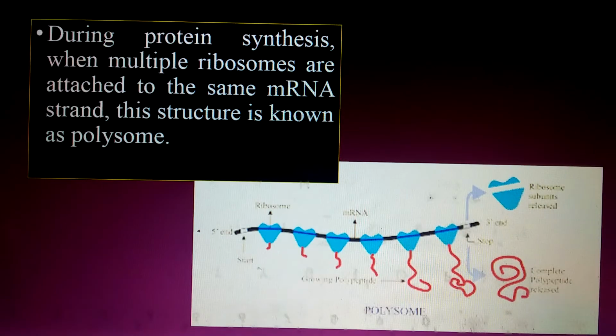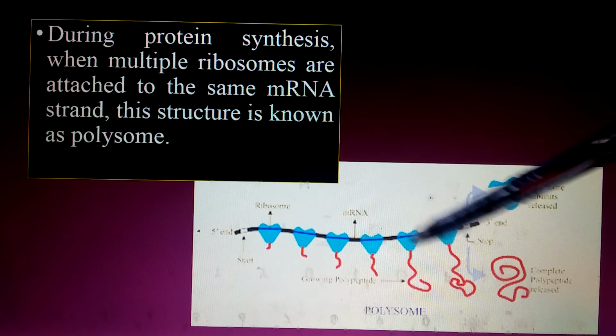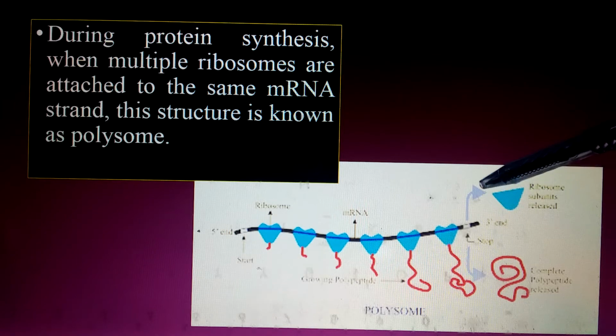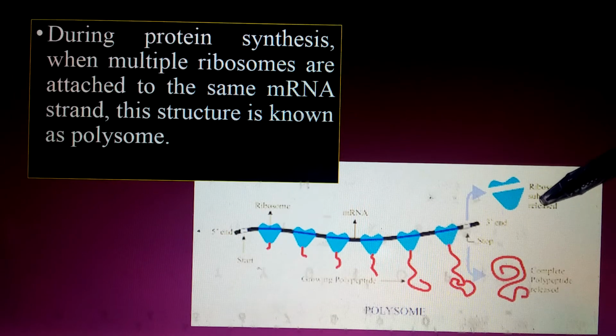Many ribosomes come and attach to that messenger RNA, because this messenger RNA contains the genetic code for protein synthesis. When many ribosomes attach to the same messenger RNA strand, this structure is known as the polysome or polyribosome. I hope so. Now the concept about the polyribosome, ribosomes and the subunits, each and everything is clear to you people.